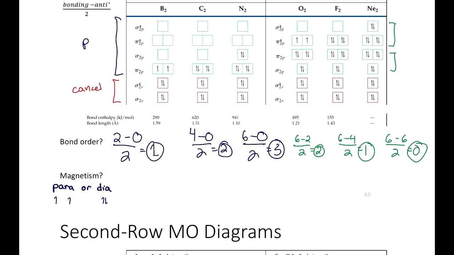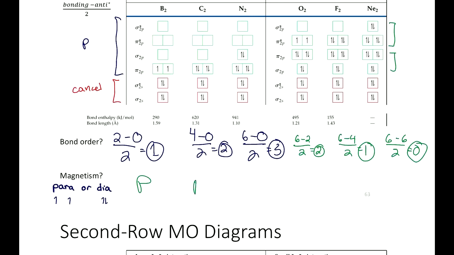When everything is spin paired, we see diamagnetic materials. So what we're looking at is the electrons in the boxes. Based upon that definition, diatomic boron is what? Dia or para? Para, yeah, because there are unpaired electrons. Simple as that, right? What about diatomic carbon?